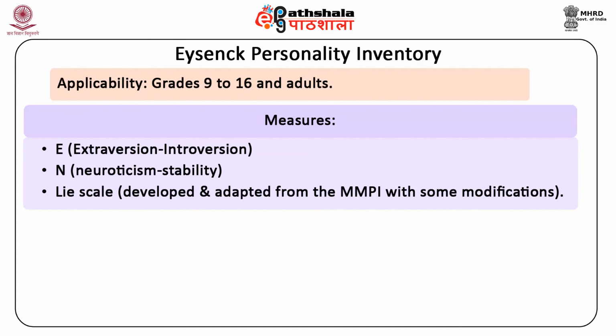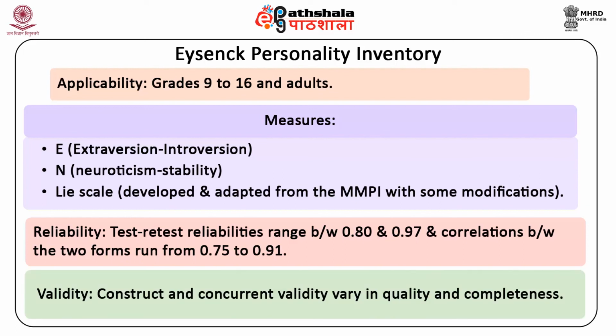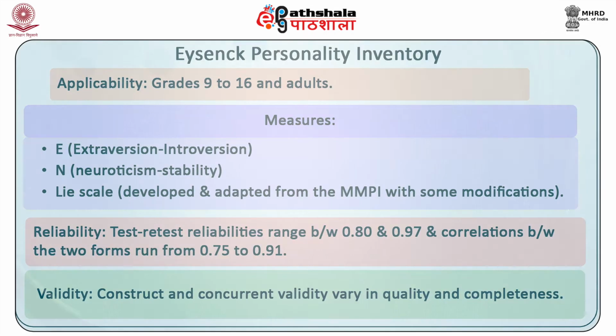Number of items: 24-item E scale, yes-no inventory, 2 parallel forms, 24-item N scale and 9-item Lie scale. Reliability: test-retest reliabilities range between 0.80 and 0.97 and correlations between the two forms run from 0.75 to 0.91. Validity: construct and concurrent validity vary in quality and completeness.